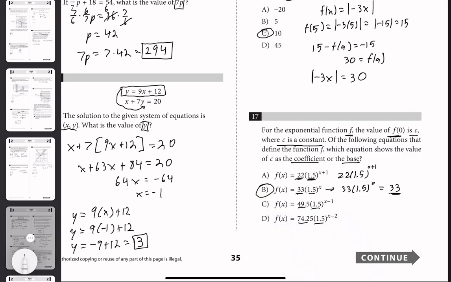You can do the same for these, but it's going to be the same deal, to the negative 1, which is not the same as either of these numbers. And then we have 74.25 times 1.5 to the negative 2, which is the same deal, not correct. So B is our answer.